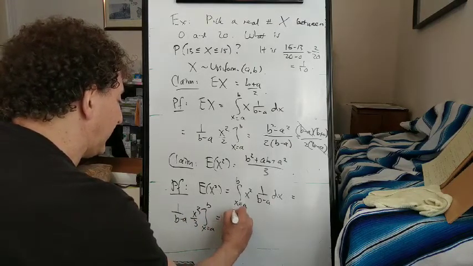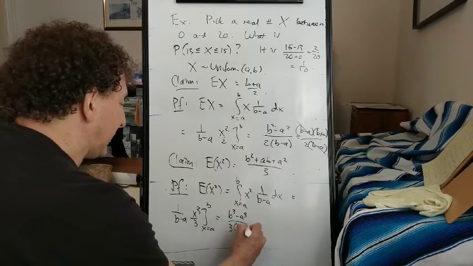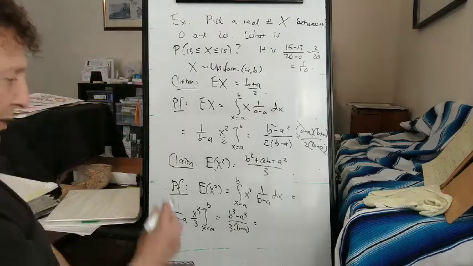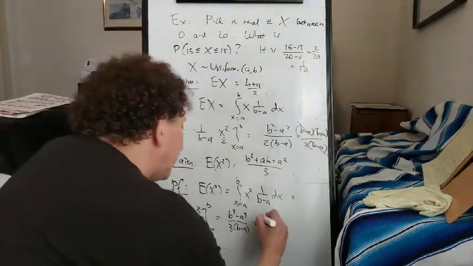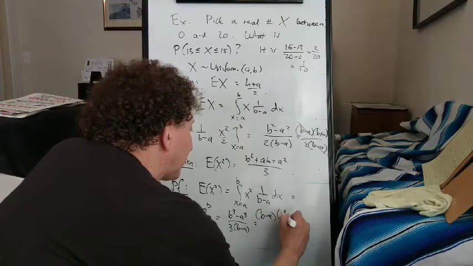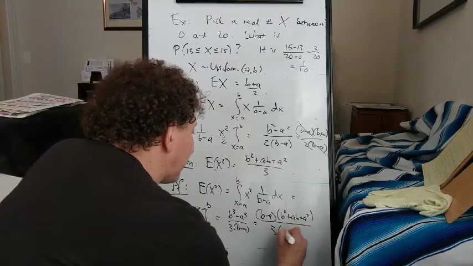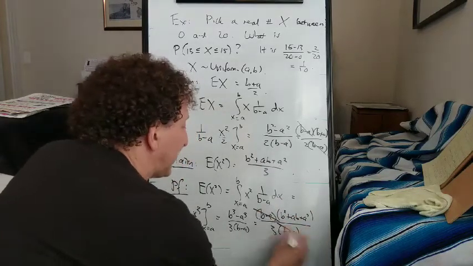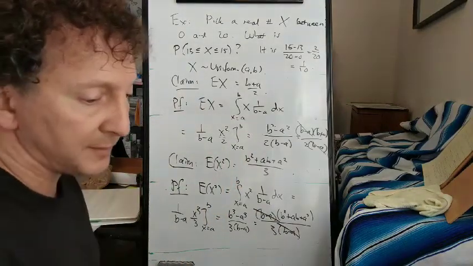So b cubed minus a cubed over 3 times b minus a. Now b cubed minus a cubed factors as b minus a times b squared plus ab plus a squared. So that over 3 times b minus a. The b minus a cancel, and we've got the fraction that we claimed.